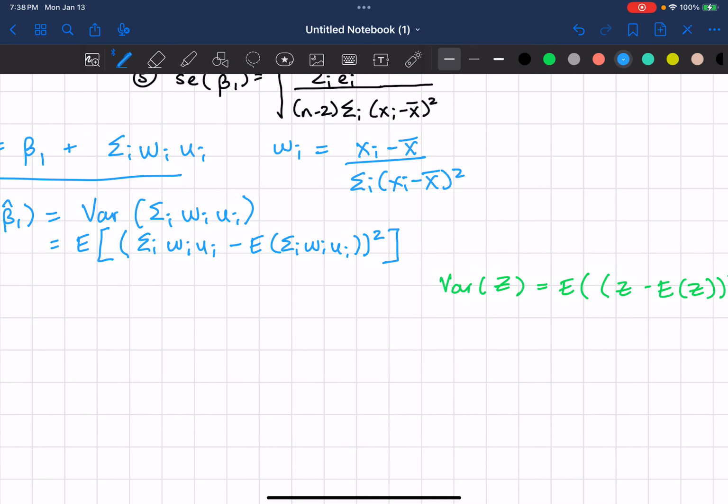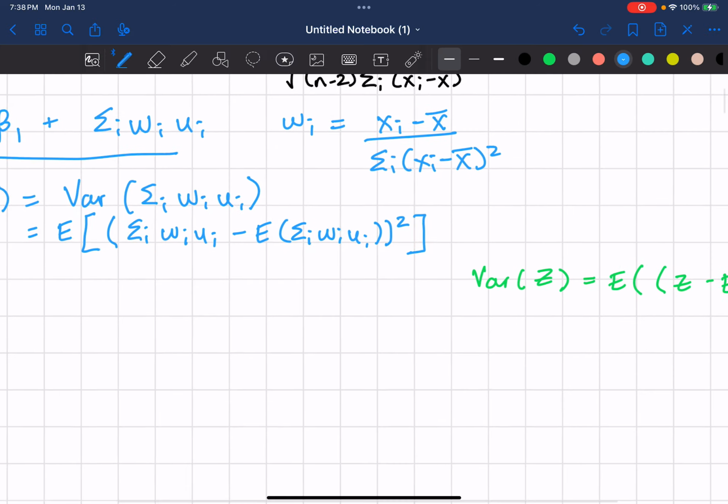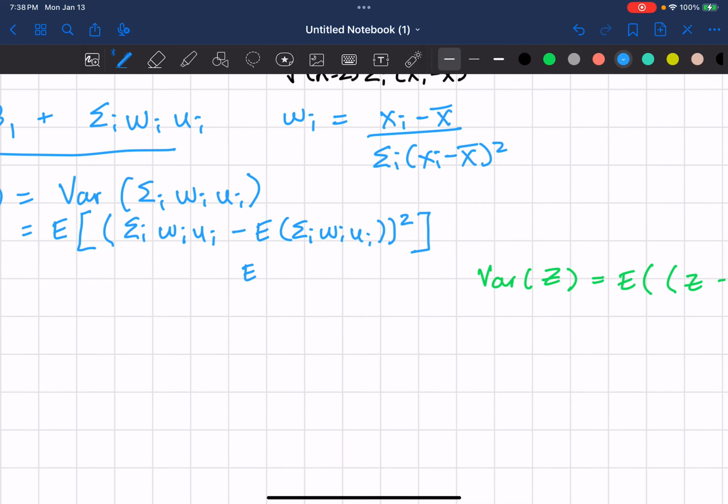And then we're going to again use exogeneity. So remember when we talked about this term, exogeneity was that the expectation of ui conditioned on x was 0, and it implied that the expectation of wi ui was 0.